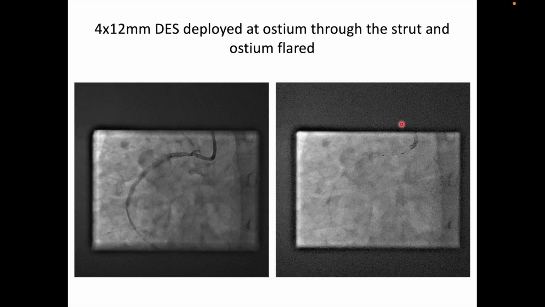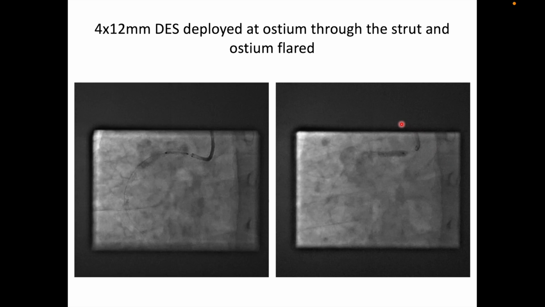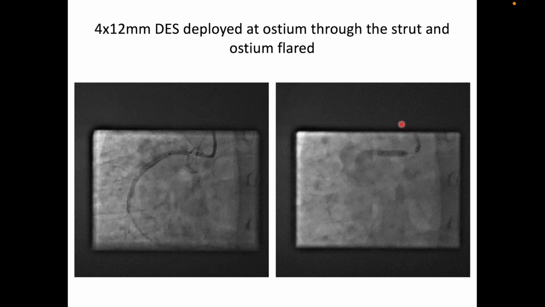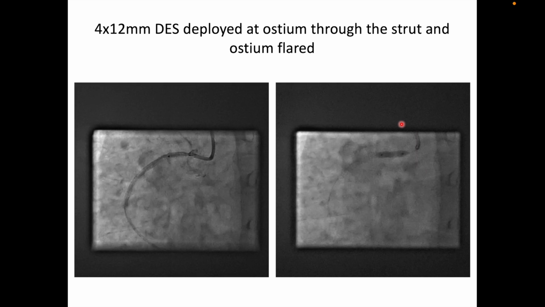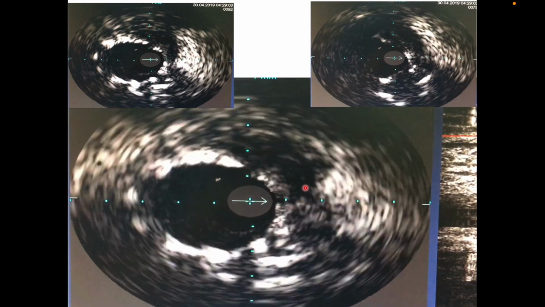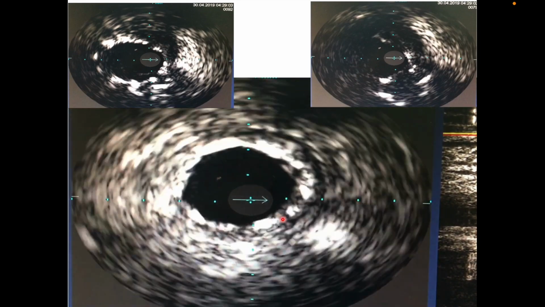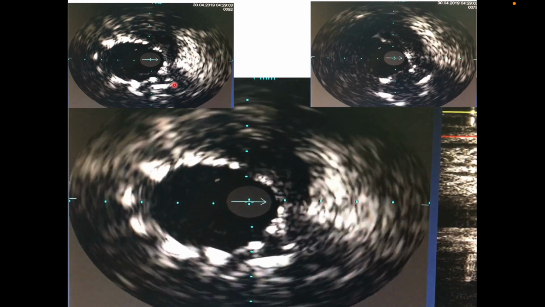So then I went on to put in another stent to fix the collapse issue. So this is a 4 by 12 millimeter drug-eluting stent deployed at the ostium through the strut. And then I did the ostial flaring. And this is the IVUS after that. So you can see over here, that's the collapsed part of the initial stent, which is now behind the new stent. You can see it here.